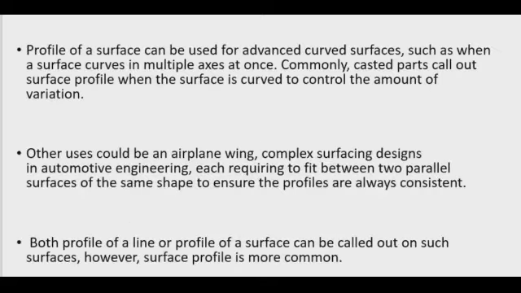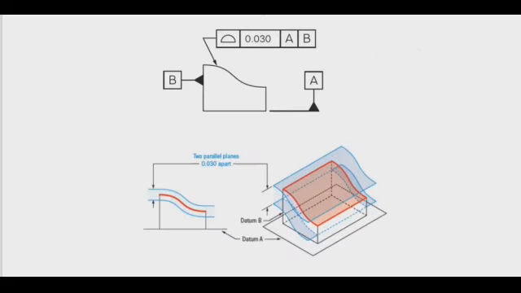But if the complete symbol is there, then it will be applicable for the whole surface. That means if the dimension is within that tolerance range, then the part will be usable. This is about profile of a line and profile of a surface.